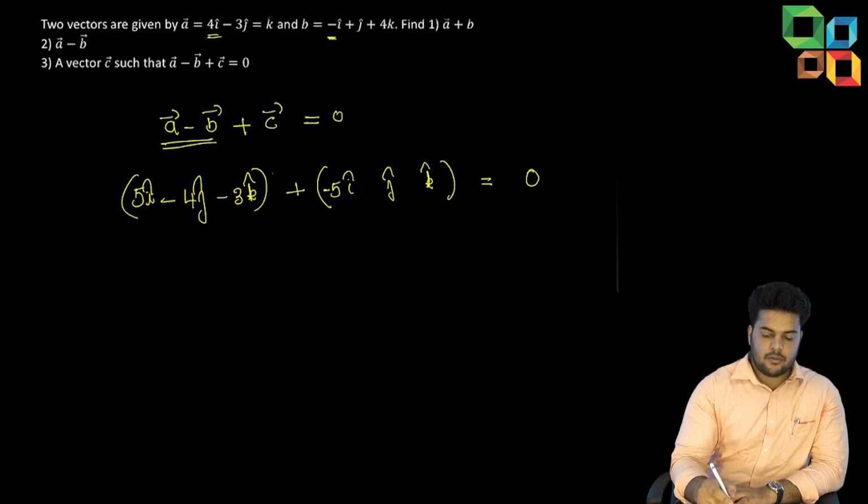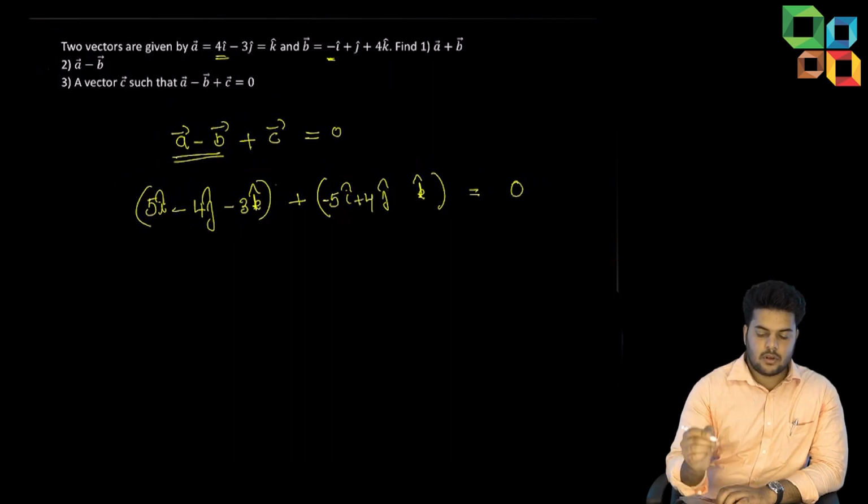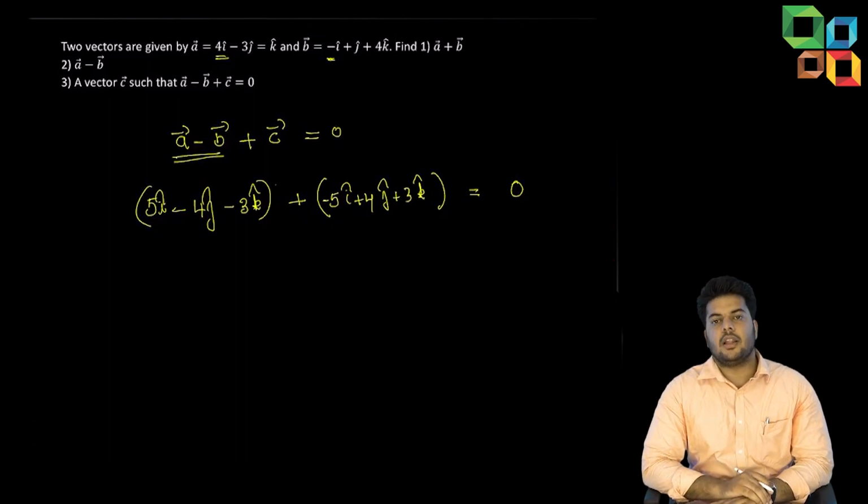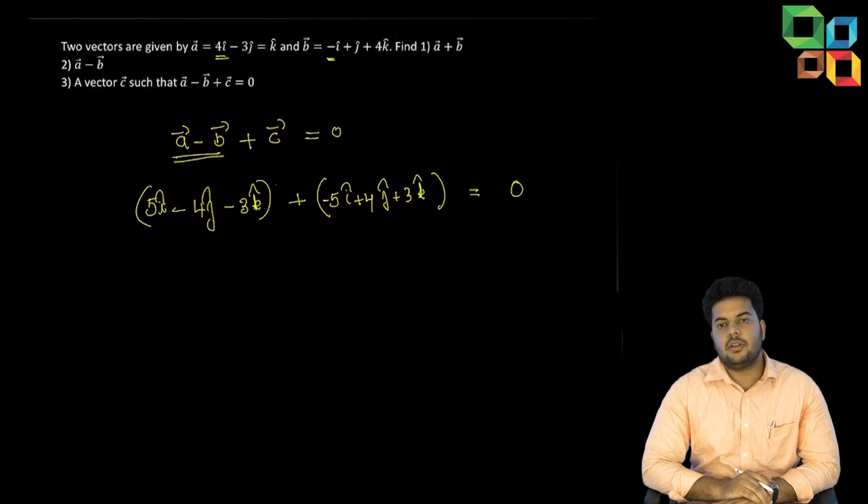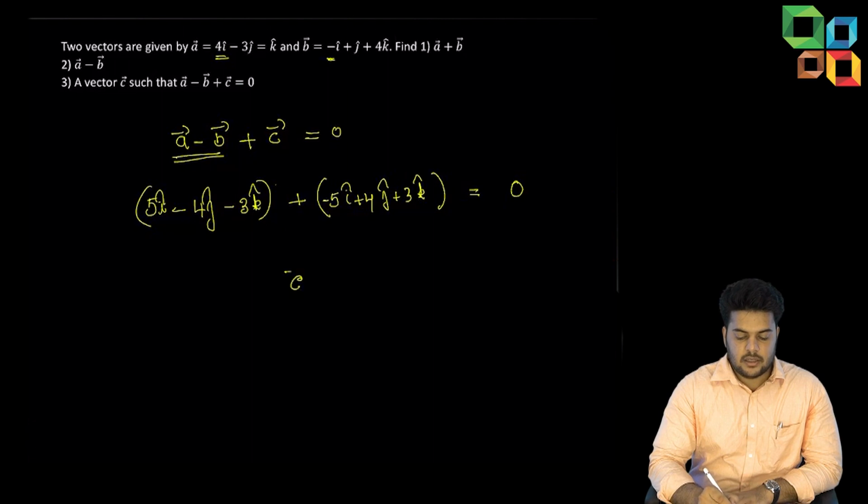Yeah, let's come up by 4. Okay. And plus 3K cap. Yeah, we undid everything that we had done before, isn't it? And that will give us 0. We are back to the starting position. Yes, sir. So C vector is equal to negative 5I cap, positive 4J cap plus positive 3K cap. Done.